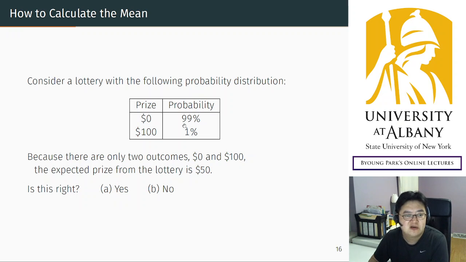You get nothing. So in this case, there are only two possible outcomes: zero or $100. So the expected prize from the lottery is $50 because it's either zero or 100. So the average is $50. Is that right or not?